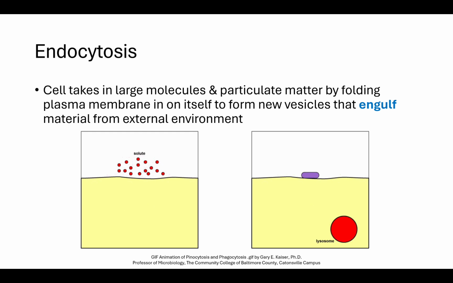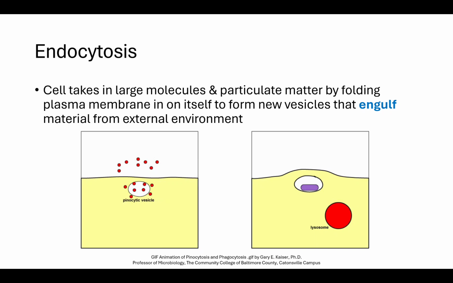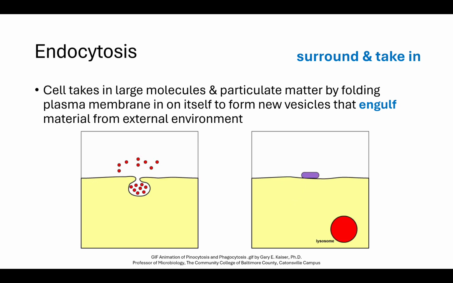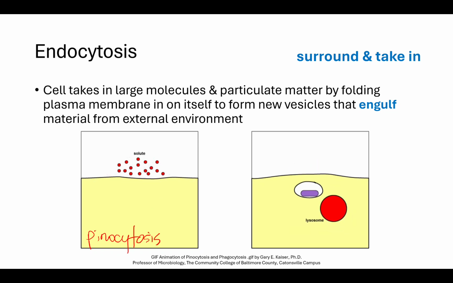So if we look at endocytosis in more detail, it allows the cell to engulf materials. That means to surround it and take in. And there are two different types shown here. The one on the left is a specific type called pinocytosis, which literally means cell drinking. And that is the cell taking in a liquid from the surrounding solution. So it's usually to take in some solute.